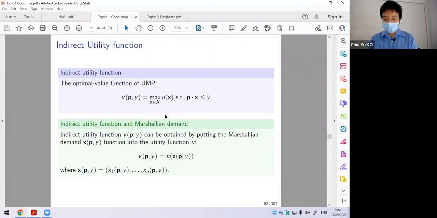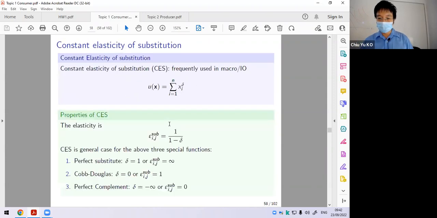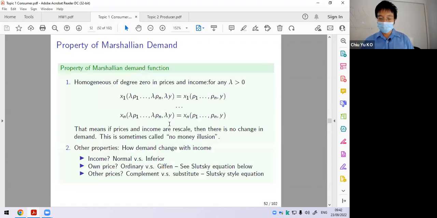And what is the property you learn from all this? One important thing, or probably the only thing you know from the Marshallian demand, is that it is homogeneous of degree 0, which says if you double the income and double the price, everything remains the same.